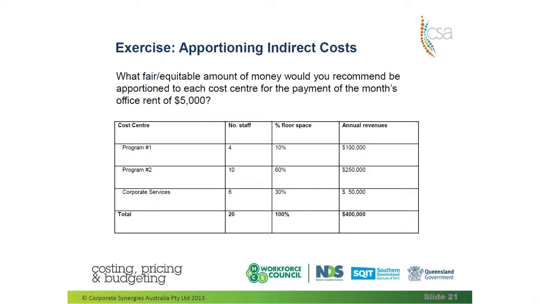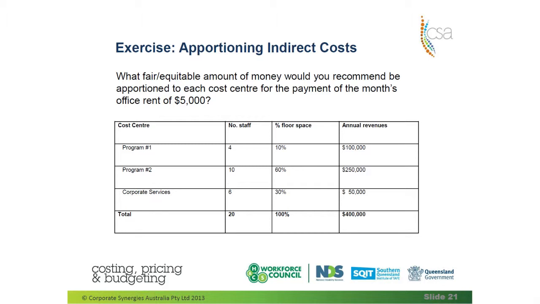Program 2 is the big program for our organisation. It has 10 staff, it uses 60% of the floor space, and our annual revenue is $250,000 per year. And finally, our corporate services has 6 staff, 30% of floor space, and while it only attributes $50,000 per year into our annual revenues, it's very important because it also supports all of the overhead costs for Program 1 and Program 2.